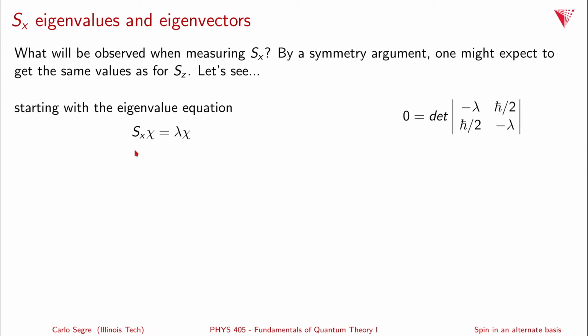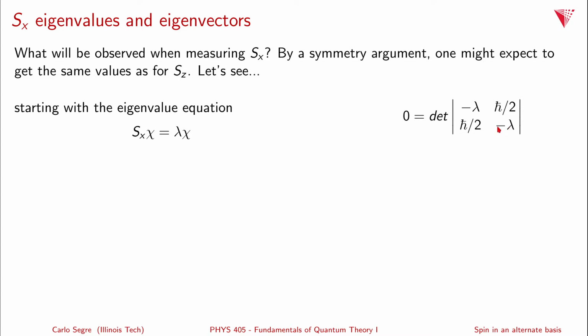Now, the matrix for S sub x, remember, is h bar over 2 times 1 in the off diagonals. So if we rewrite this eigenvalue equation and take the determinant, setting it to 0, it's the determinant of a 2 by 2 matrix, which is minus lambda, h bar over 2, h bar over 2, minus lambda.